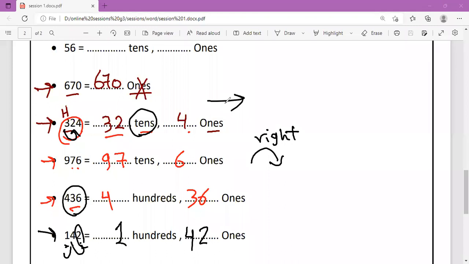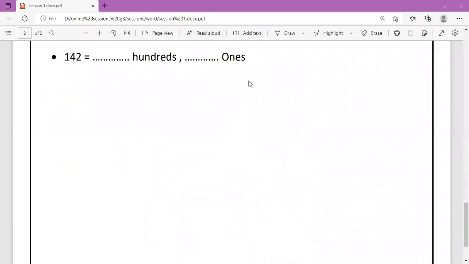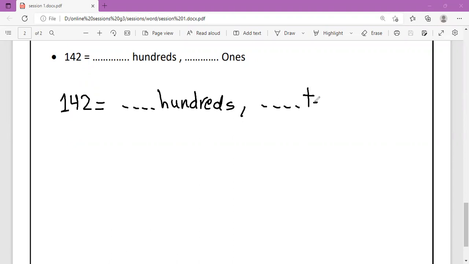What if I give you another question? I will write down the same number here: 142 equals what in hundreds, what in tens, and what in ones? I know that hundreds is 1, tens is 4, and ones is 2.